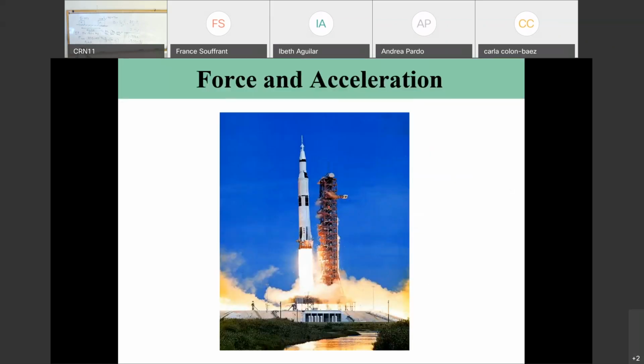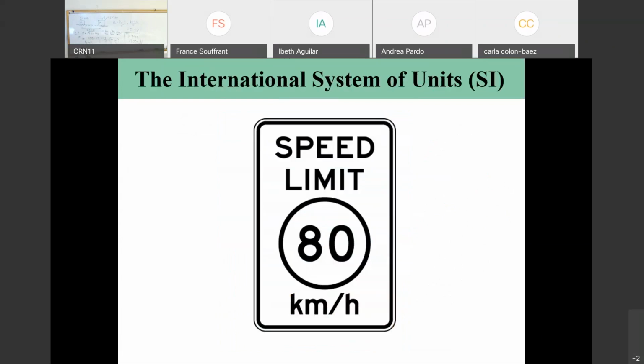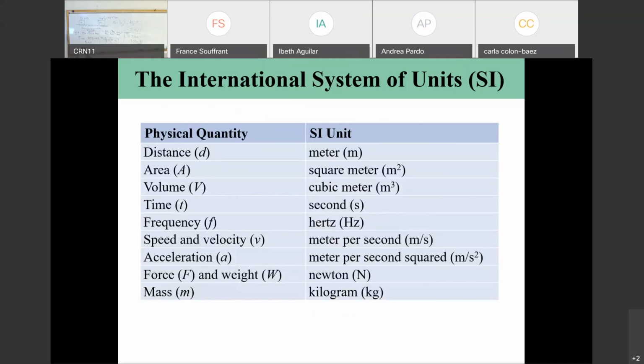Now, as I said before, forces, acceleration, Newton's laws, they have been used to launch the Apollos, rockets to space, right? I think we can actually skip this because we're going to talk about the units for speed and acceleration.